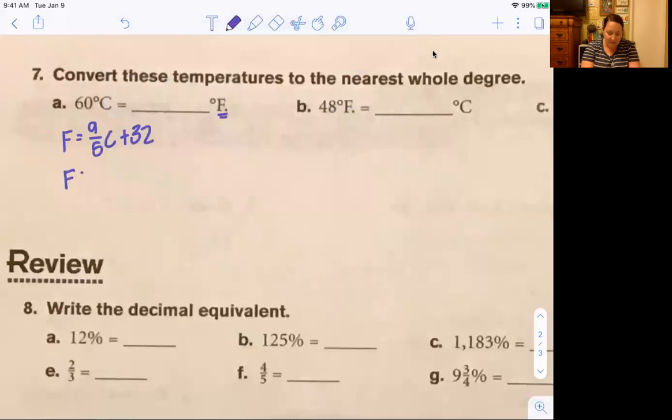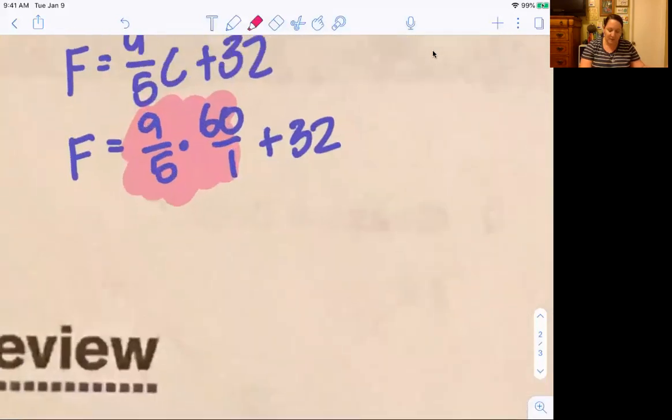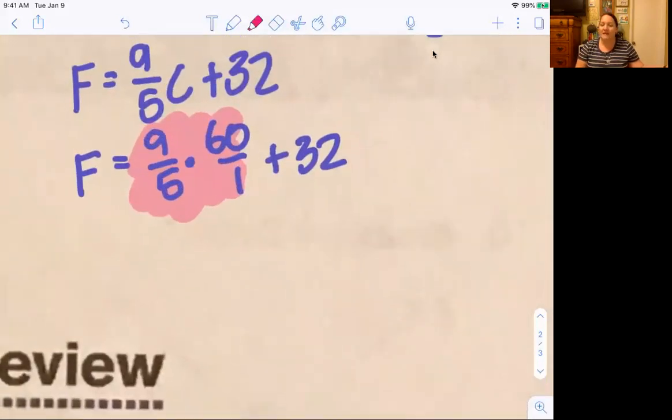Let's plug in C. F equals 9/5 times 60 over 1 plus 32. Now, let's look here at this little multiplying. Do 5 and 60 share a common factor? They sure do. What common factor do they share? They share 5.